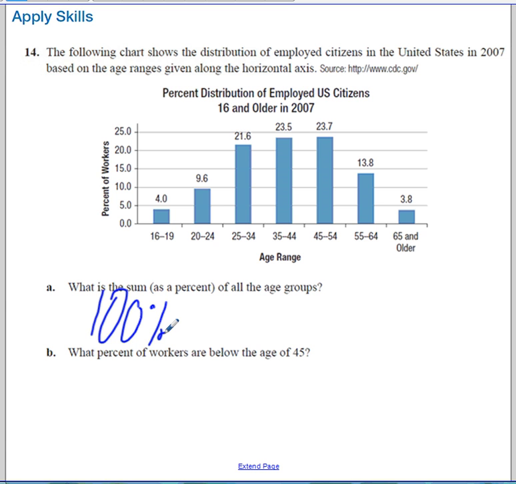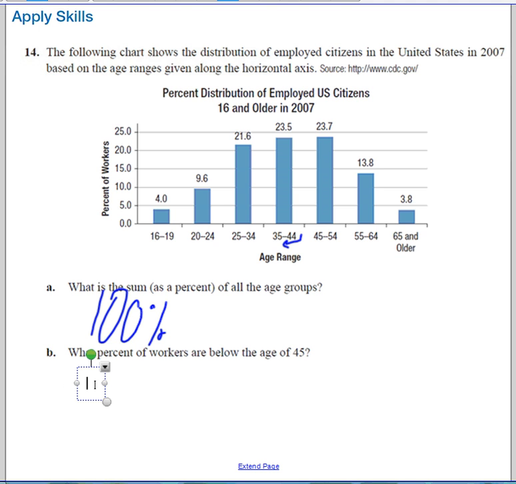So since the numbers are given in percent, it's asking what is the percent of workers below the age of 45, and so it's including 44 and below. And so that gives us a couple categories to add together.